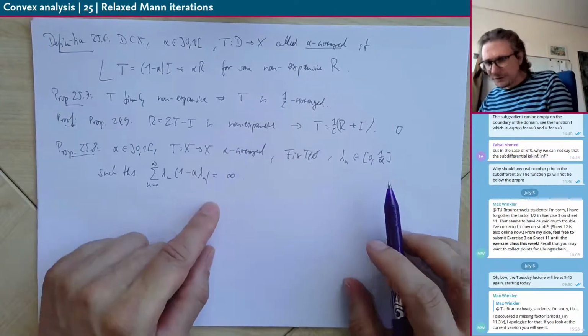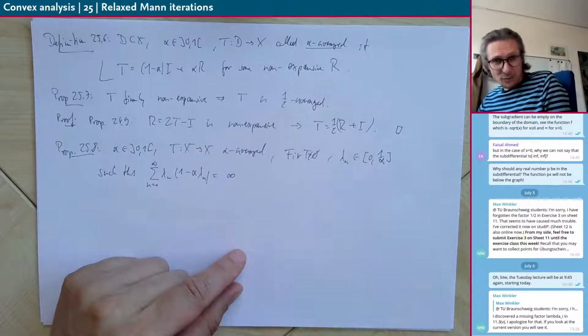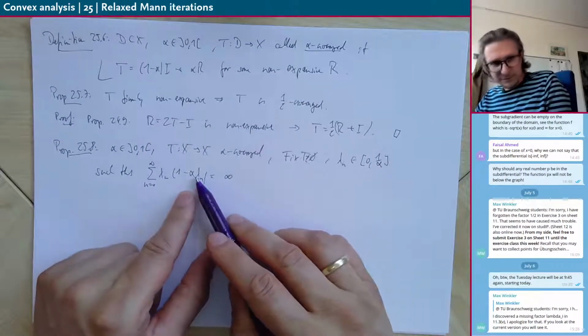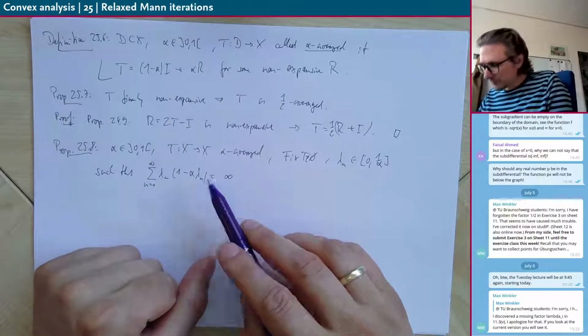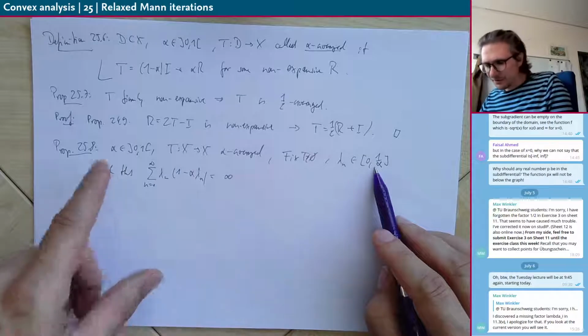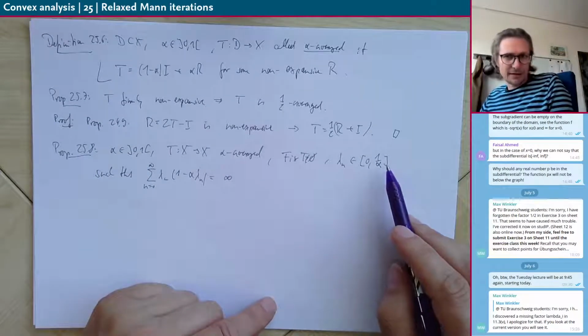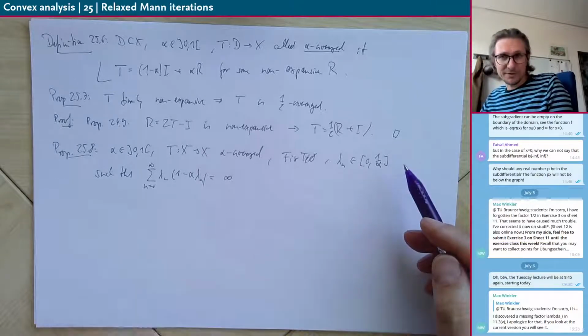You see the strengthening here: alpha is smaller than 1, so 1 over alpha is larger than 1, and you allow lambda n, for example, to be exactly 1. If alpha is smaller than 1, lambda n could be exactly 1 all the time, and lambda n exactly 1 would be no relaxation at all.